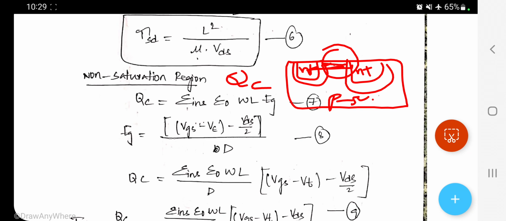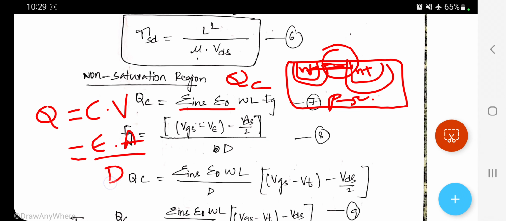We know that charge induced in the channel is epsilon A into E. How did we get this? Q equal to CV, charge is equal to C into V, and C capacitance is nothing but epsilon A by D. Epsilon A by D is nothing but capacitance into voltage. Now this voltage divided by this thickness gives the field. D is the thickness of oxide.